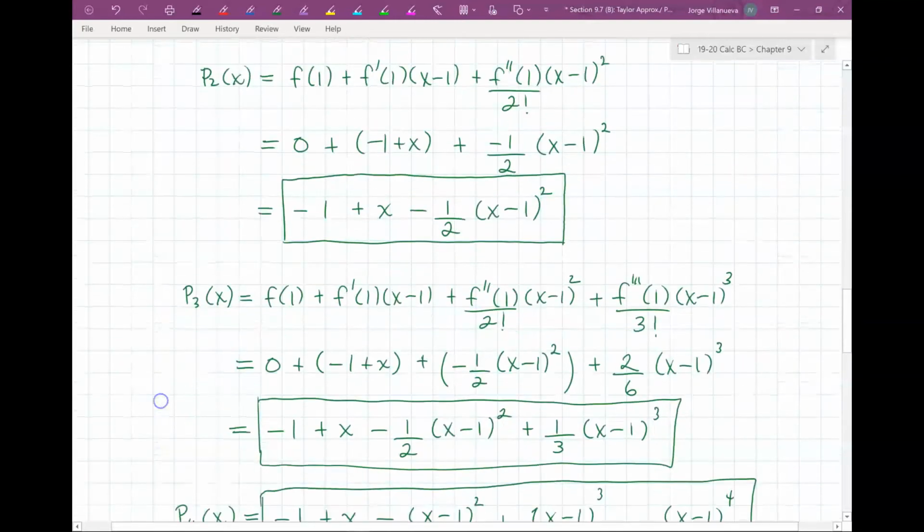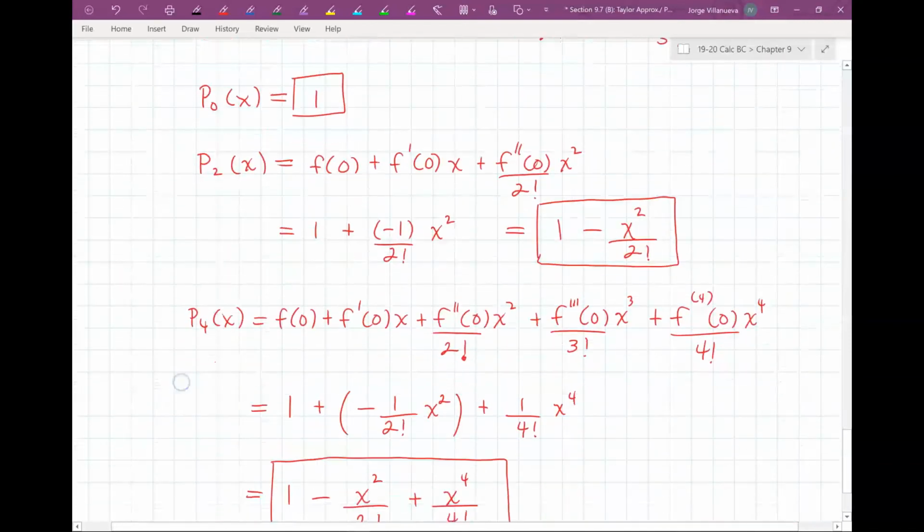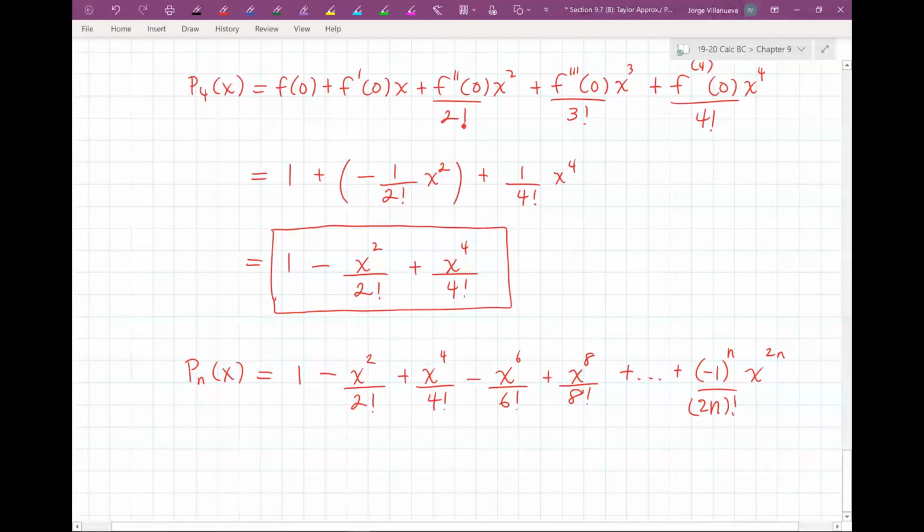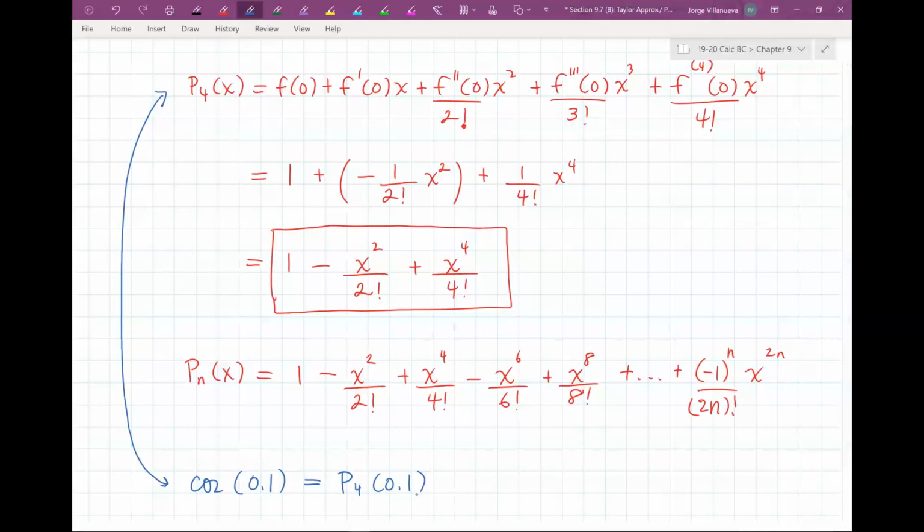So, what was I going to show you guys here? Let me go back. Now, we didn't finish this problem. Like I said, this is going to be the last problem. But they want us to approximate using the fourth degree polynomial. Approximate cosine of 0.1, which basically means find that using our fourth degree polynomial.